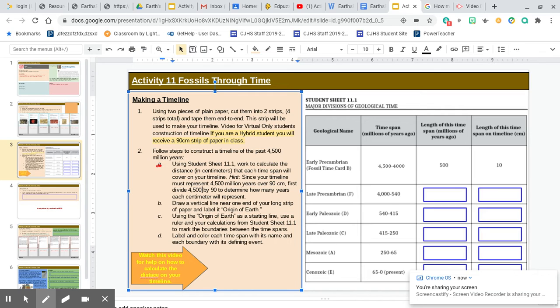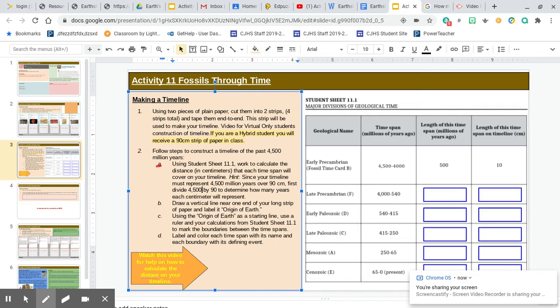Then it gives us a hint. It says, since your timeline represents 4,500 million years over 90 centimeters, first divide 4,500 by 90 to determine how many years.